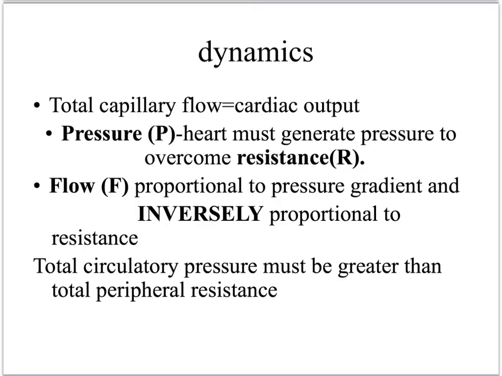So a couple of measurements here. One's going to be pressure. The heart has to have enough pressure to overcome resistance. Flow is proportional to the pressure gradient and inversely proportional to resistance. So to put this into an equation, flow is proportional to the pressure, but inversely proportional to resistance.